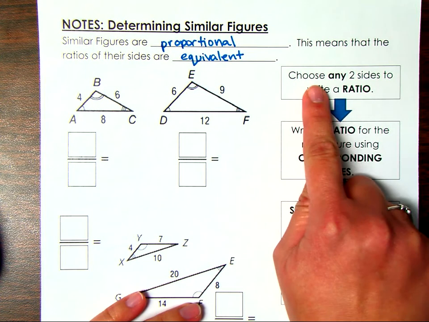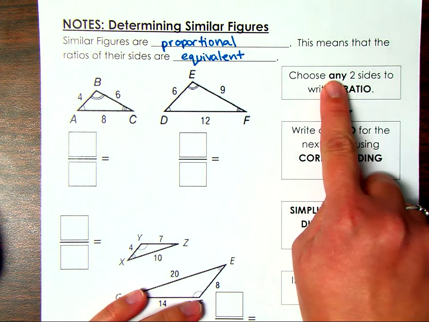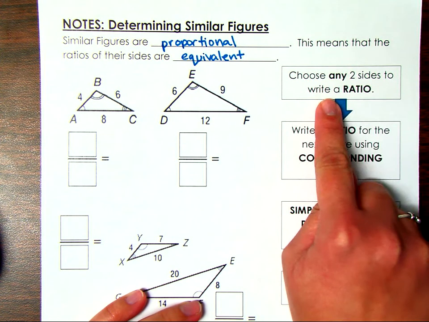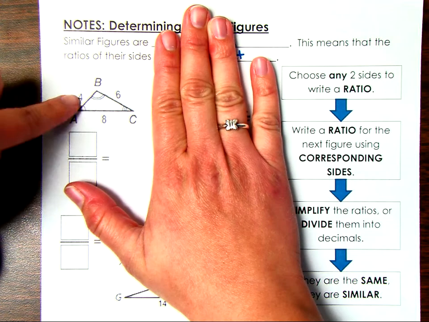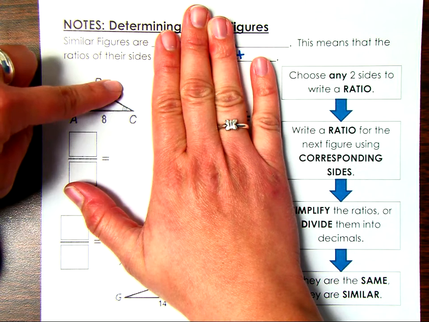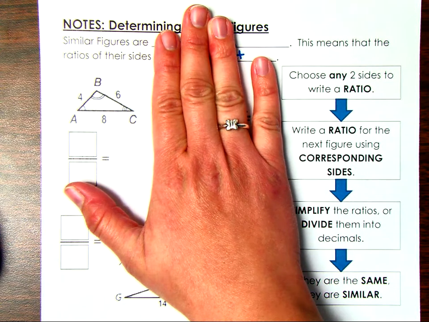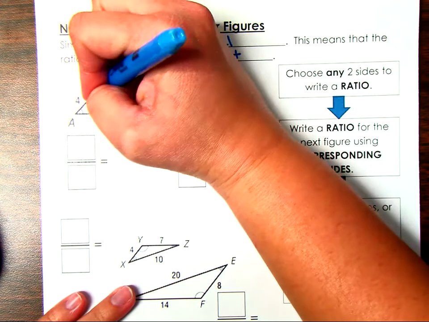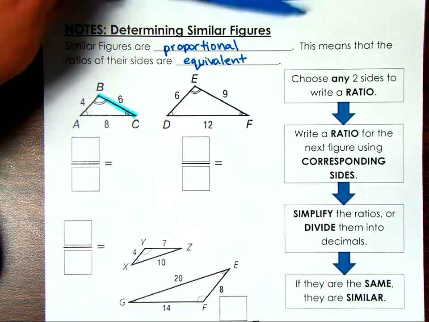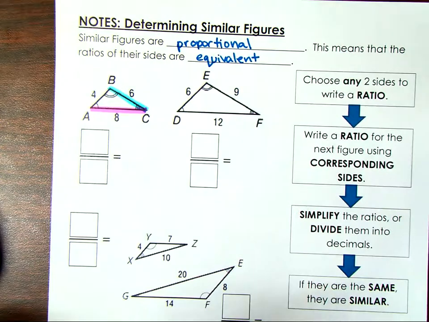I'm going to read my directions over here. These are my steps. The first thing I'm going to do is choose any two sides to write a ratio. Looking at this first triangle, I can use 4 to 8, 6 to 8, 6 to 4, 4 to 6. I can do a bunch of different combinations, but I'm just going to say 6 to 8. I'm going to use different highlighters to help with my corresponding sides in a minute.